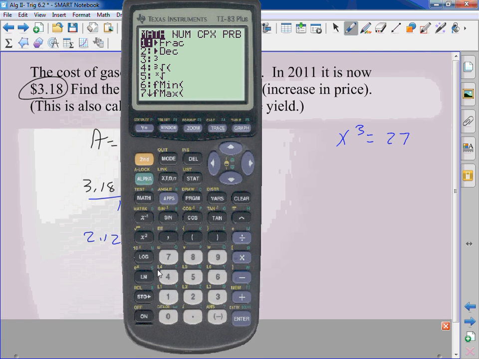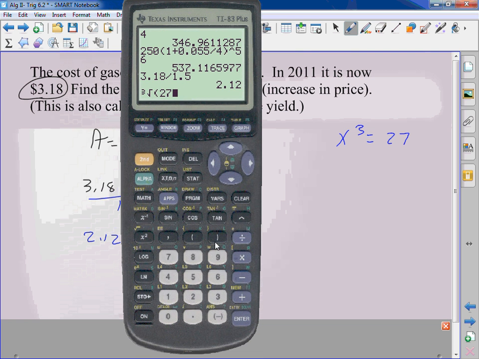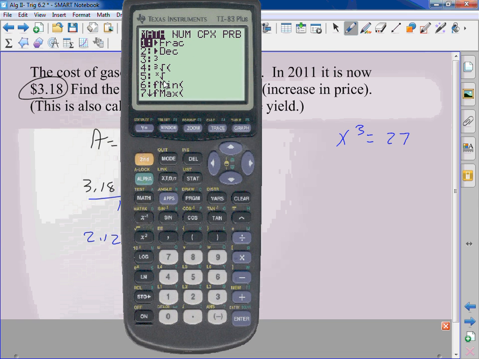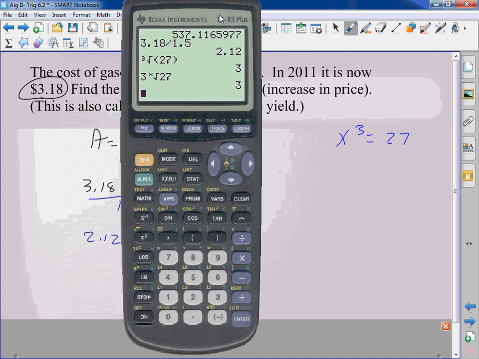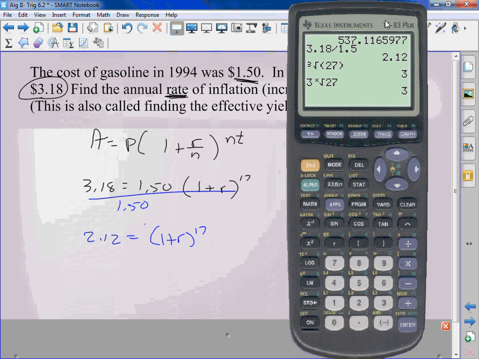So I could go 3, math 4, 27, enter, boom, it's 3. Or I can do this: go into math, see this x radical? 3, x radical, now put in my 27. The answer is 3. That's a side example, just so you understand how to use a calculator.